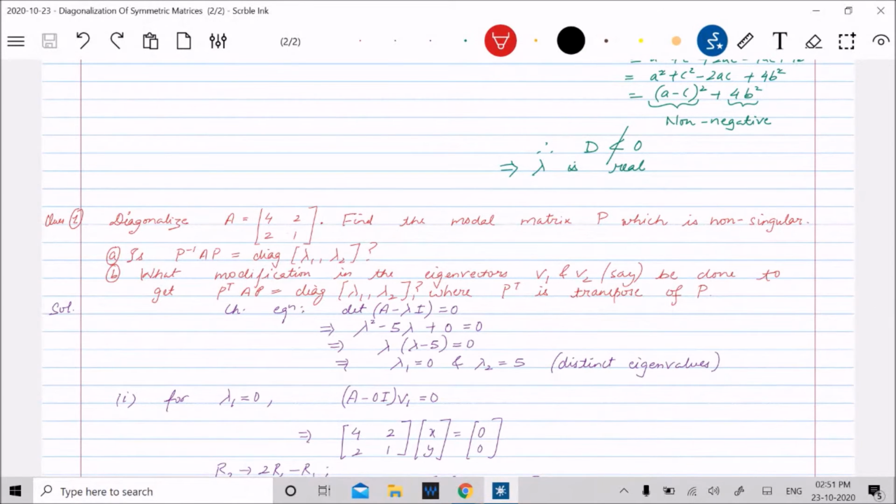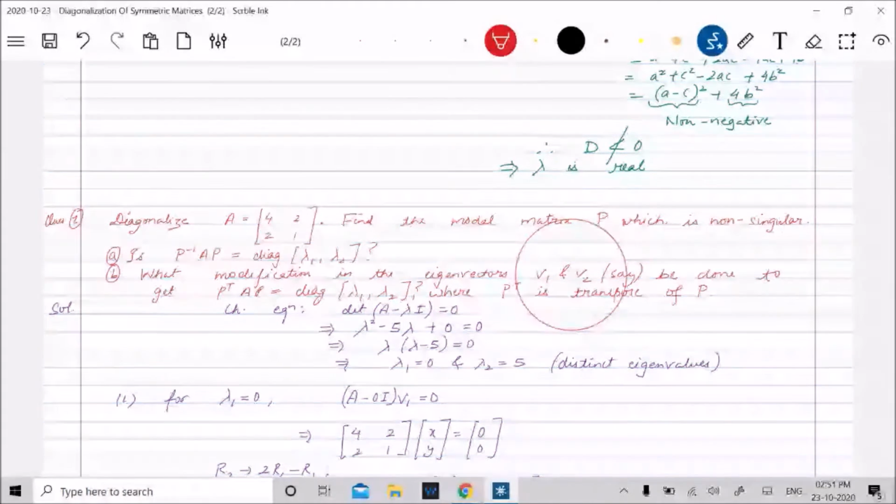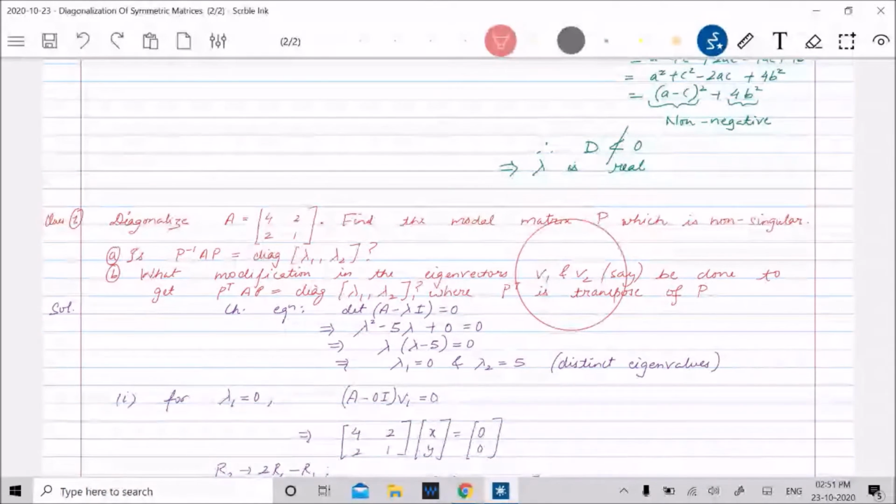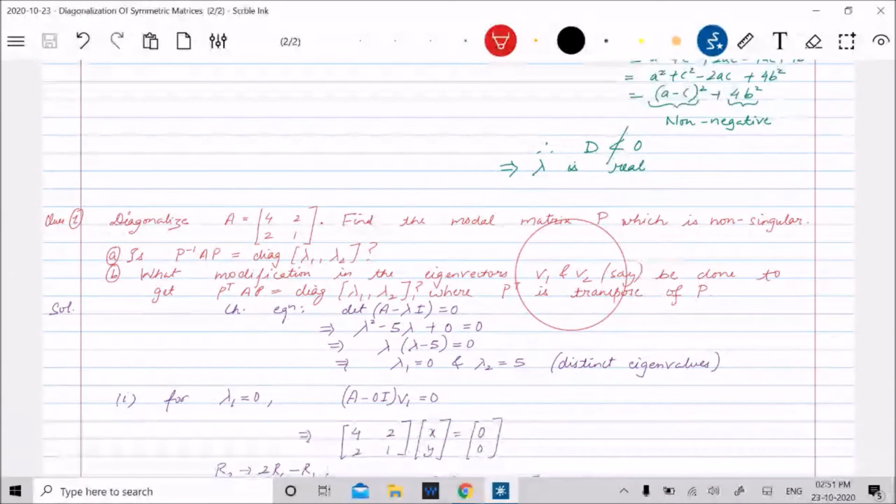Is it correct? So we are going to do some modification in V1 and V2. I'm trying to tell you why we are doing this. Actually, we are just trying to escape the process of finding the inverse. That is a very boring process. Finding the inverse, finding the adjoint and then dividing by the determinant, that can be avoided, but that can only be avoided when you are dealing with a symmetric matrix.